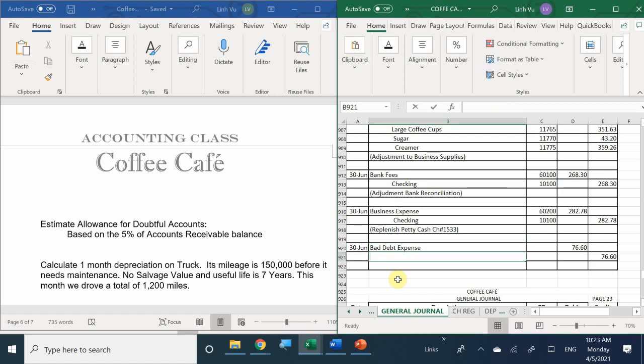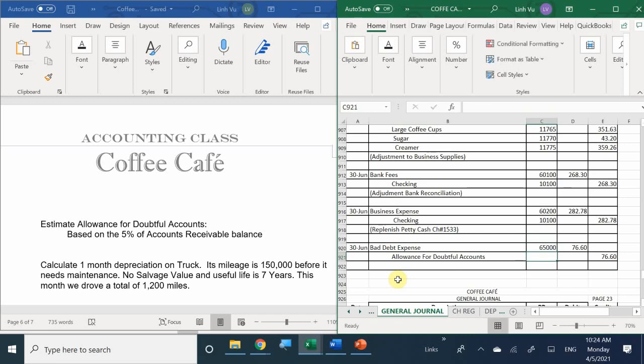And what is my credit account going to be? Okay. So what are my account numbers for my bad debt expense and my allowance for doubtful accounts? $65. Right?